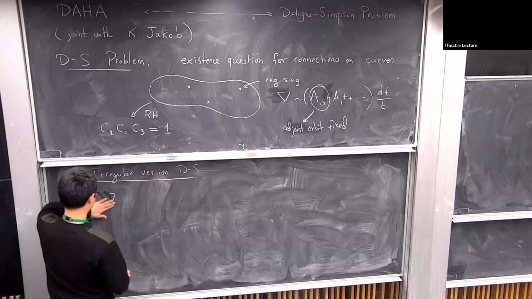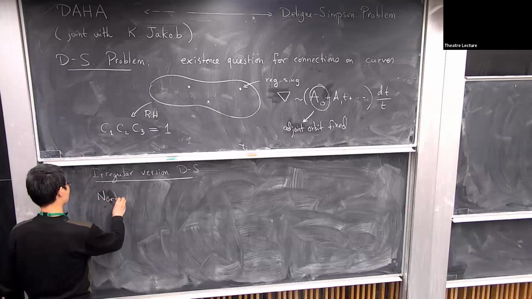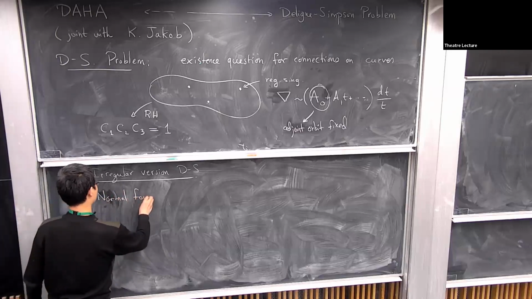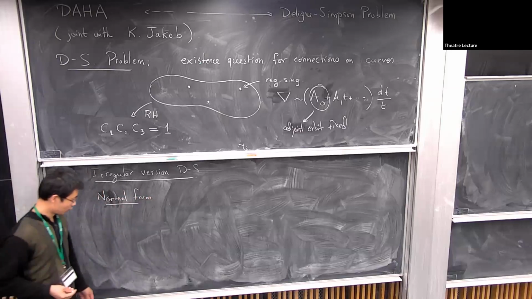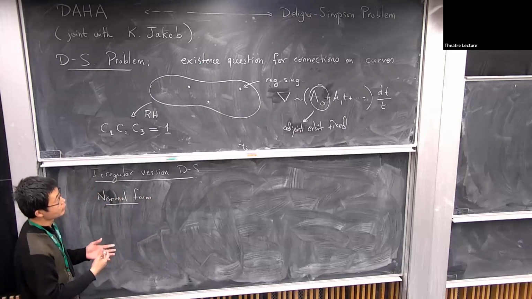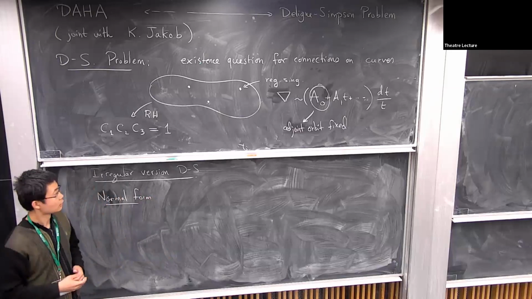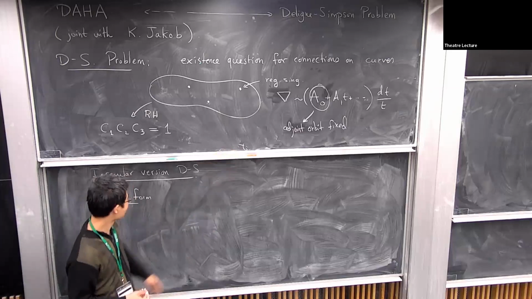And what I'm going to review is a normal form for any connection. Roughly speaking, all the irregular terms can be simultaneously diagonalized up to extracting a root of t.